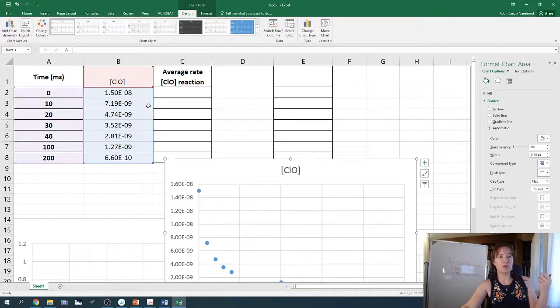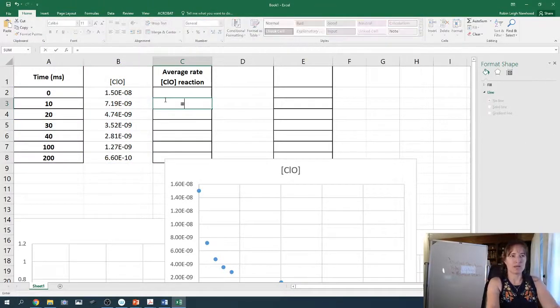So to get a slope, you have to go to your second data point because you need the difference in two data points. I'm going to start it here because there's not going to be a slope for the first point by itself. So the difference between these two. To make Excel do what you want, you just have to tell it. And so you need a top value.